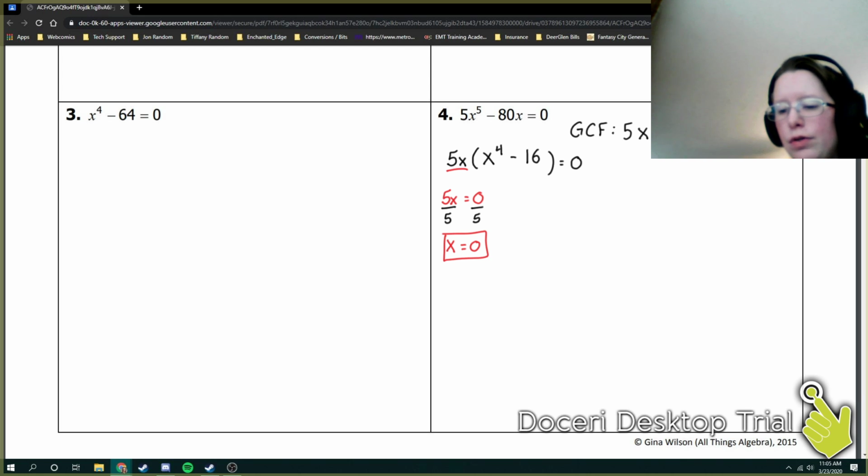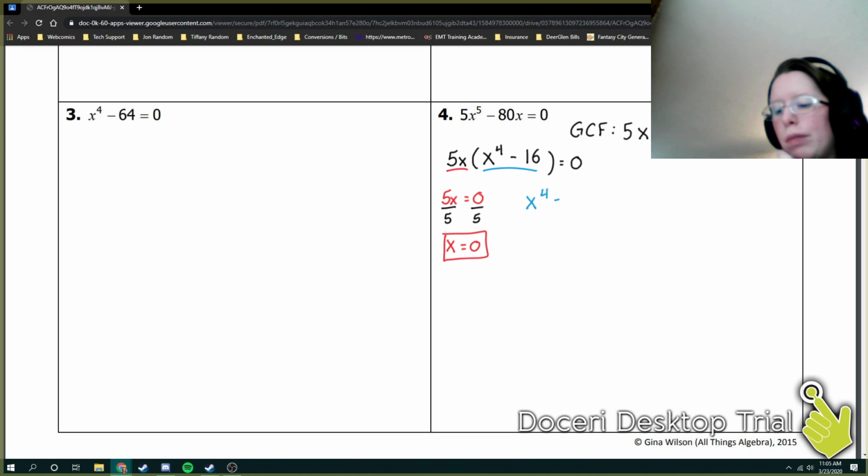And for this guy, I'm going to set all that equal to 0. We can also factor it by difference of squares before we set it equal to 0.